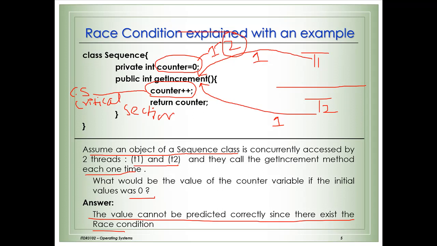That data inconsistency is called race condition, that is, the value of the counter will go wrong. How is it possible? How is the computer making such a mistake? Actually, this wrong value comes because we have not taken precautions in the program.